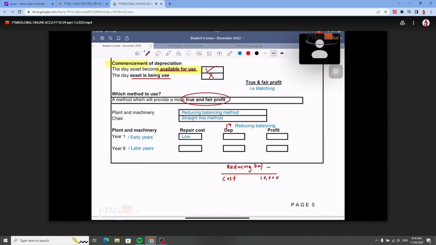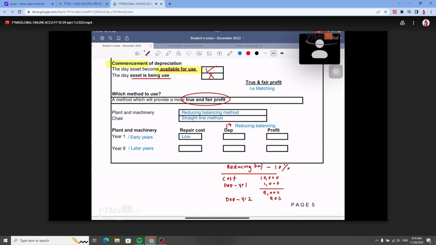For the reducing balancing method, I just put one example, maybe 10%. Then depreciation for year one will be 1,000, correct? Then my carrying value after year one will be 9,000. Then depreciation for year two will be 900. Then so on and so forth.